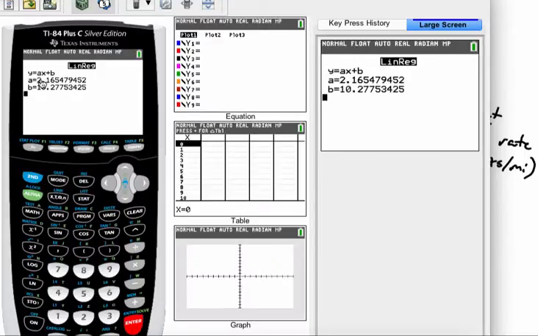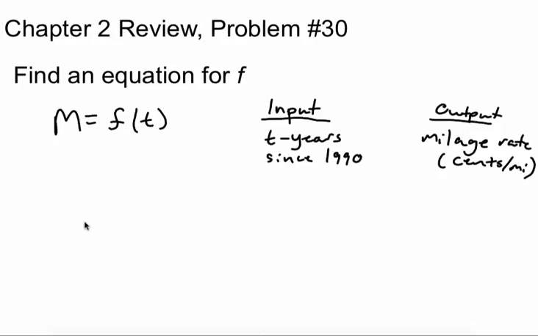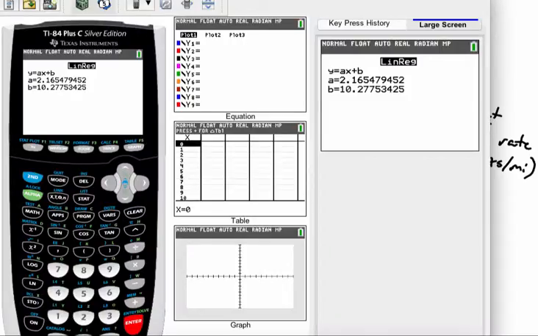So what I have here is y equals ax plus b. a is the slope of my line and b is the y-intercept. So 2.17, we'll round it up. I say f of t is equal to 2.17 t plus, and I'll get my y-intercept, 10.28.